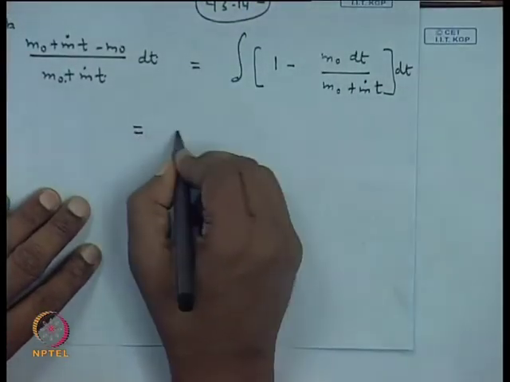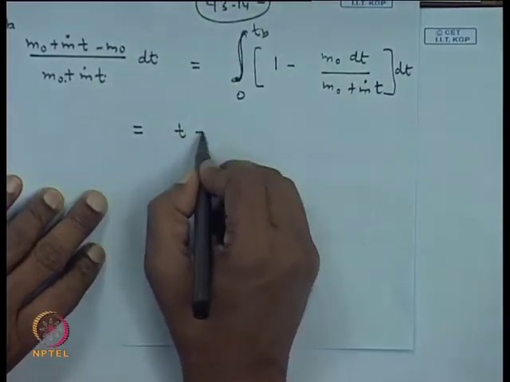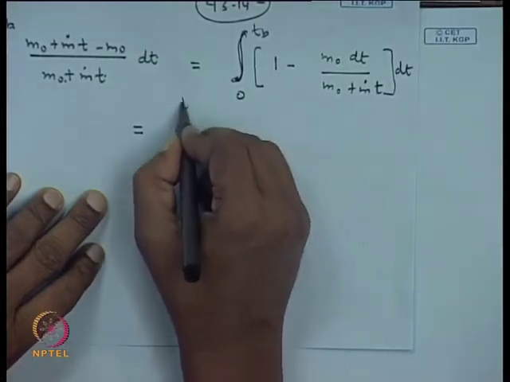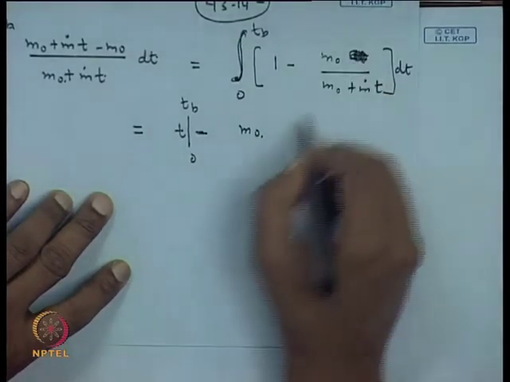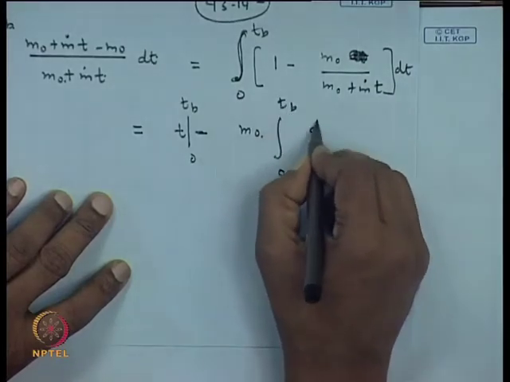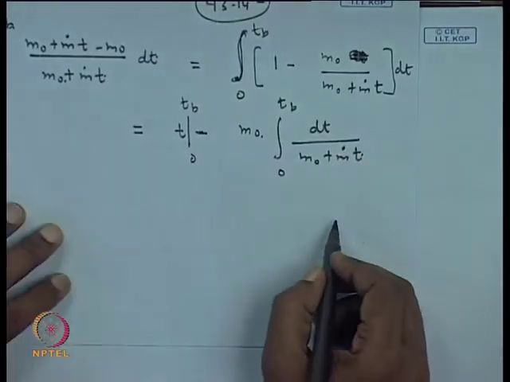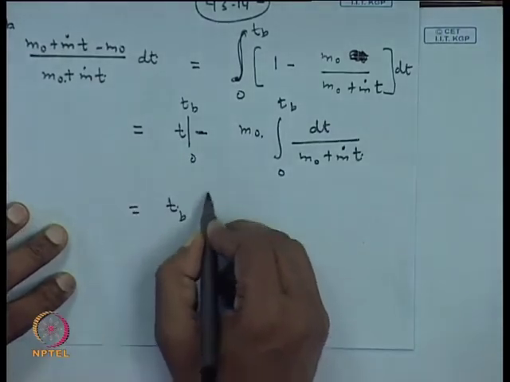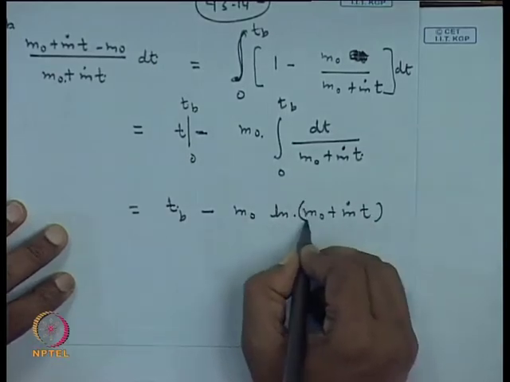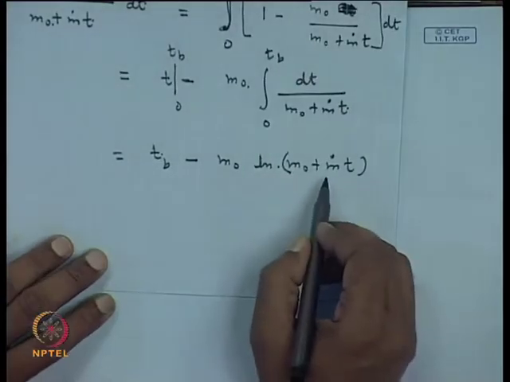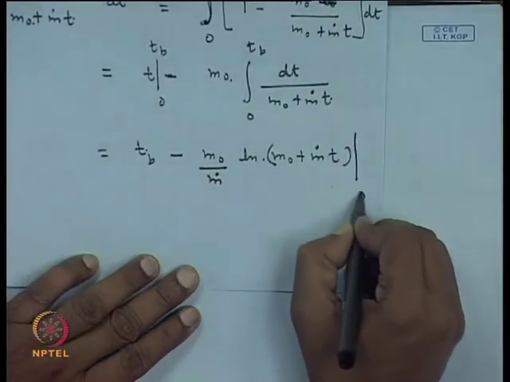Okay, so this gives us t minus, from 0 to T b, and this becomes T b minus m 0 ln m dot, evaluated at t and T b.